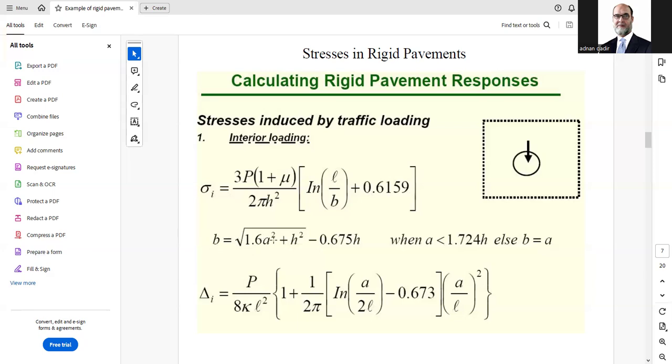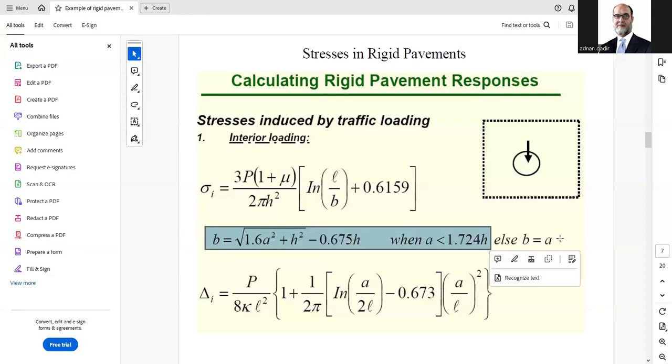Now, in order to calculate B, we have been given this formula. B is equal to the square root of 1.6 A squared plus H squared, and from this value we have to subtract 0.675 H, if A is less than 1.724 H. Otherwise, you don't need this formula, and you assume B is equal to A. So if you have been given this problem, first calculate A and compare A with 1.724 H. For knowing the deflection, you have been given this equation.